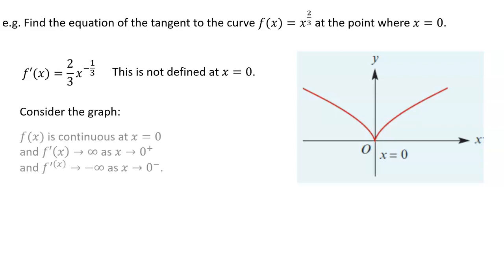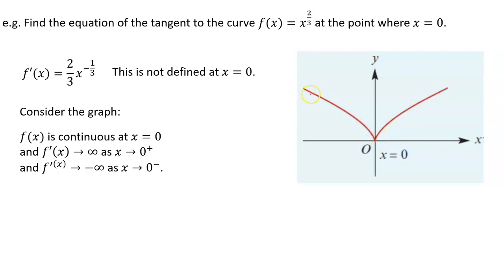So our function is continuous at x equals 0, our function is defined there. As x tends to 0 from the positive side, that's what this means here, my gradient again gets steeper and steeper and steeper and is tending towards infinity.